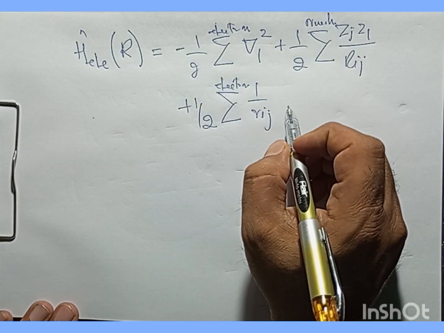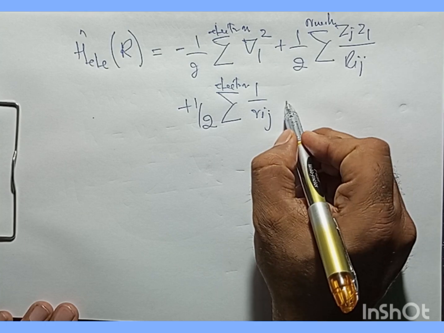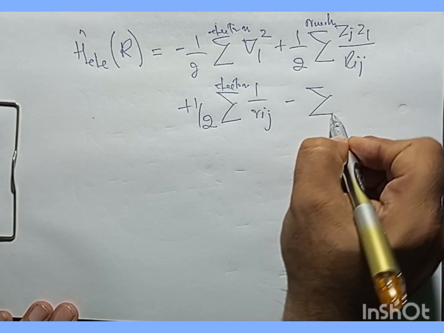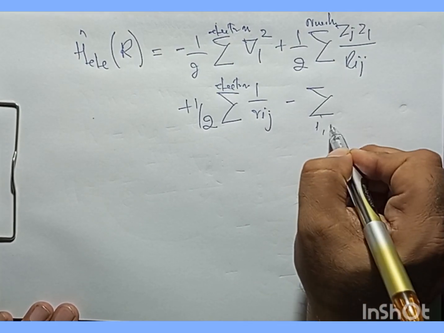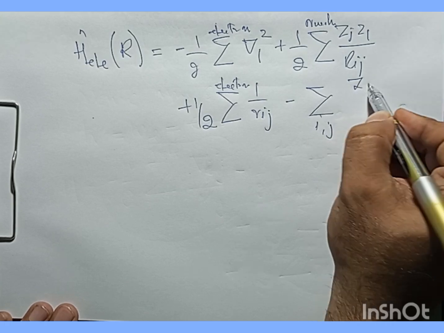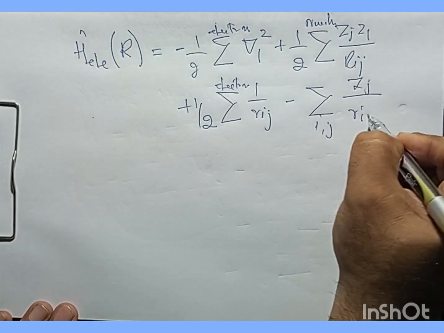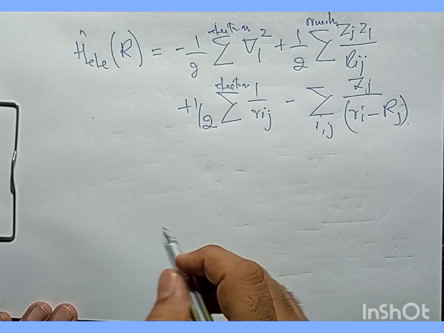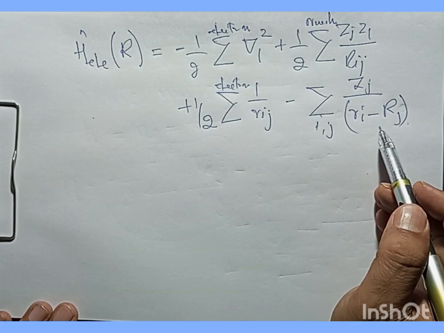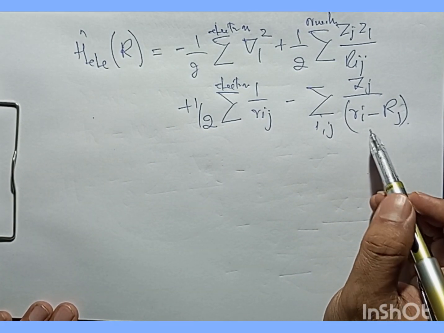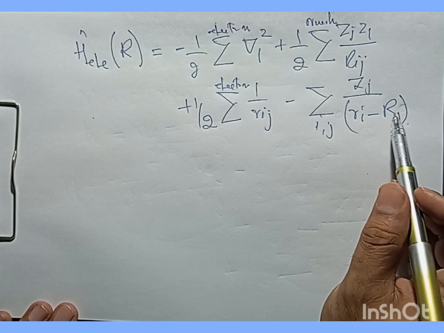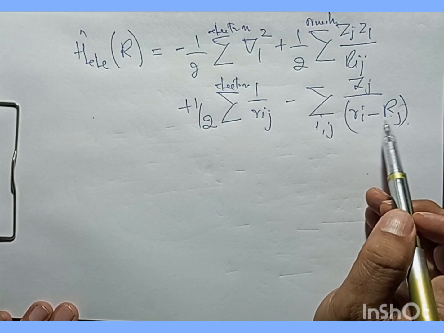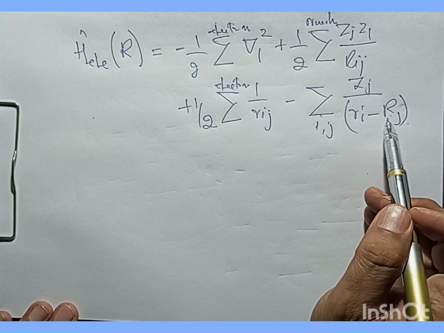And then we will have minus sigma I and j with zj by ri minus rj. Now, the capital R that we have here denotes the dependence on the nuclear position Rj.